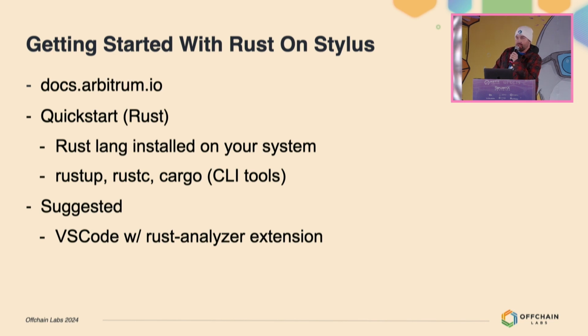But just as a high-level overview, you need Rust installed on your system. You're going to need to make sure you have Rustup, Rustc, and Cargo, the CLI tools that you can use when you're coding in Rust. Also, just as a suggestion, you can use whatever editor you want, but VS Code with the Rust Analyzer is a good go-to for beginners in Rust.